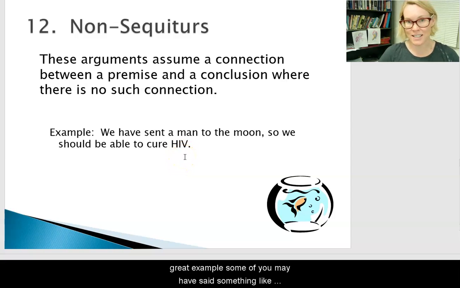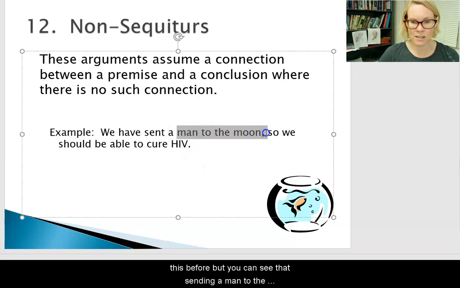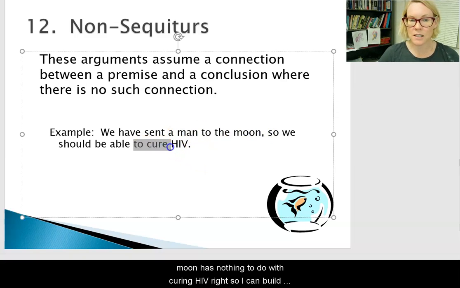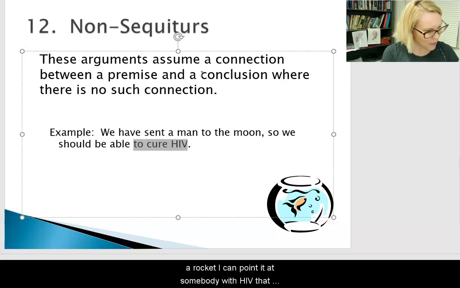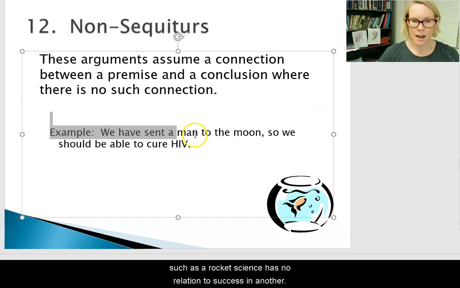Some of you may have said something like this before, but you can see that sending a man to the moon has nothing to do with curing HIV, right? So I can build a rocket, I can point it at somebody with HIV, that rocket is going to have no effect on the disease, right? Because they're unrelated. And success in one area, such as rocket science, has no relation to success in another, okay?